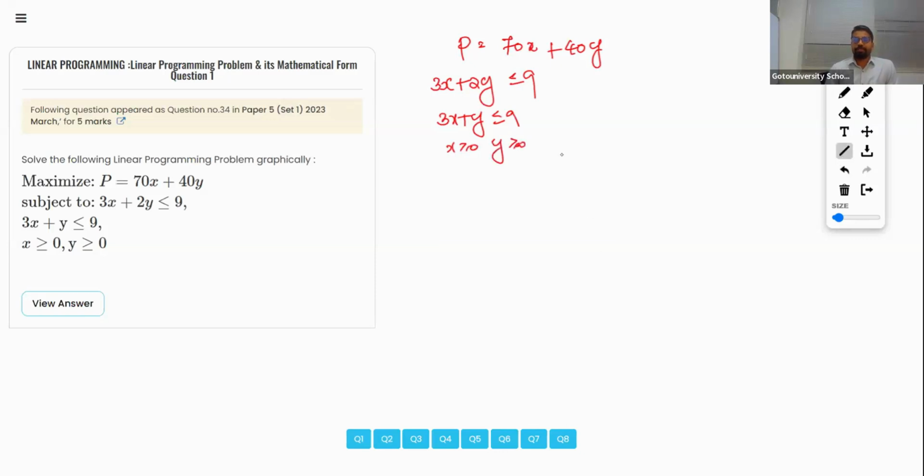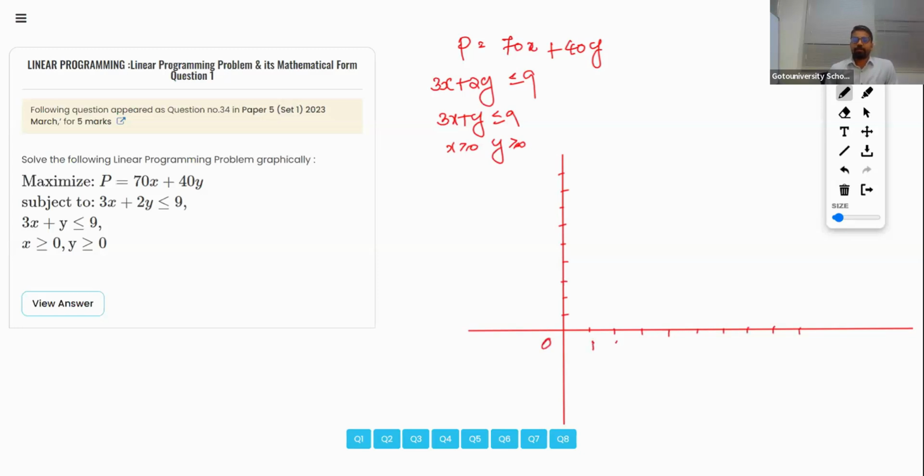So let me plot the graph accordingly. There's nothing to formulate because everything is available for us. We just have to plot the graph according to the constraints given. You always get a graph in the exam. Right now I'm trying to draw a rough graph, may not be to scale.